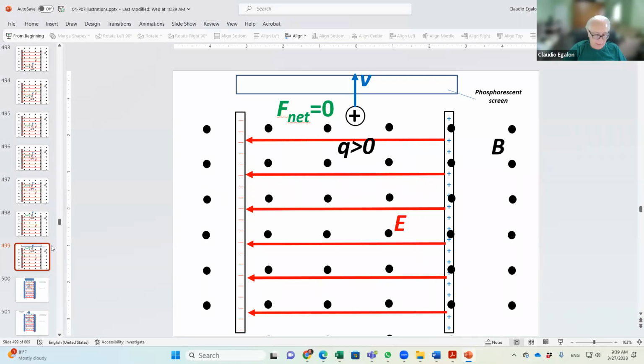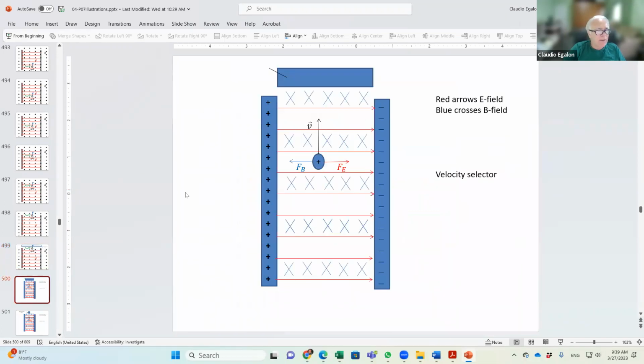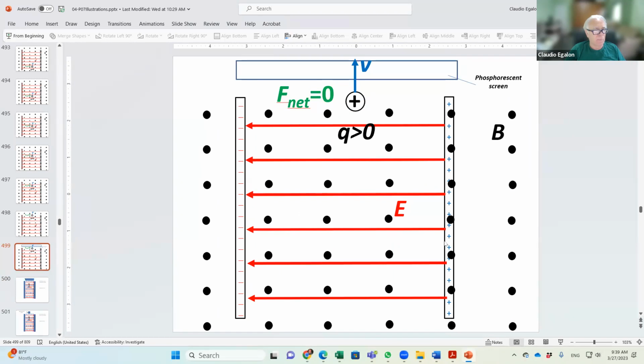So that's one device. If the electric field were in the other direction, the magnetic field would have to be in the opposite direction to get a uniform motion of the charged particle. Here, the magnetic field is coming out towards your face.